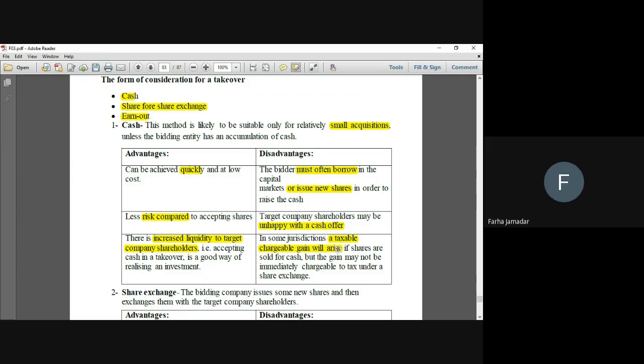If we're acquiring, or if someone's acquiring us? If we are acquiring, because that's most of the scenarios we'll face. If we're acquiring someone, then the advantage of cash is, I guess, it's quick, it's fast, it's done.